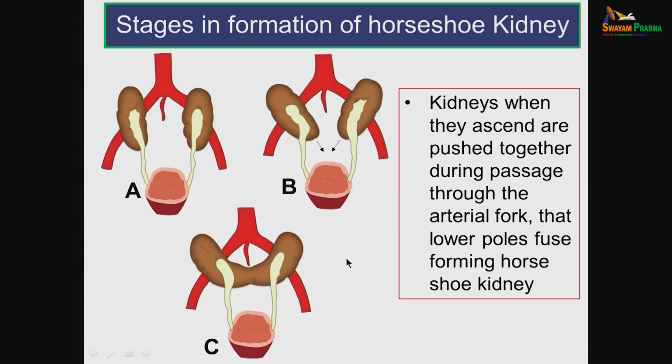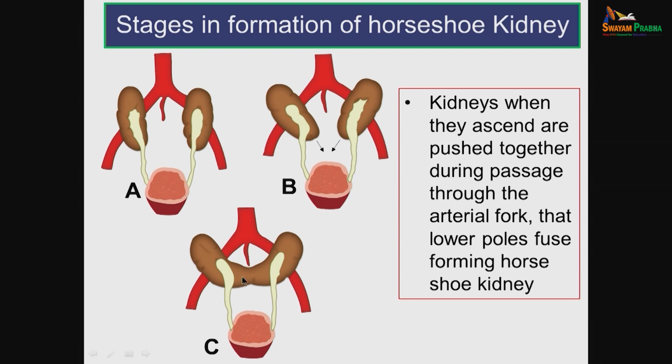As I mentioned earlier, the kidneys develop in the pelvic region and they ascend up. When they ascend, they pass through an arterial fork formed by the umbilical arteries. In this process, sometimes you can see in this picture that the inferior poles are fused to form the horseshoe kidney.